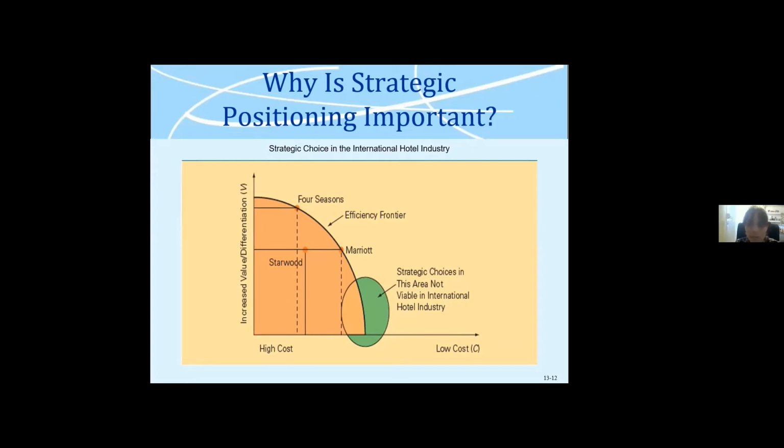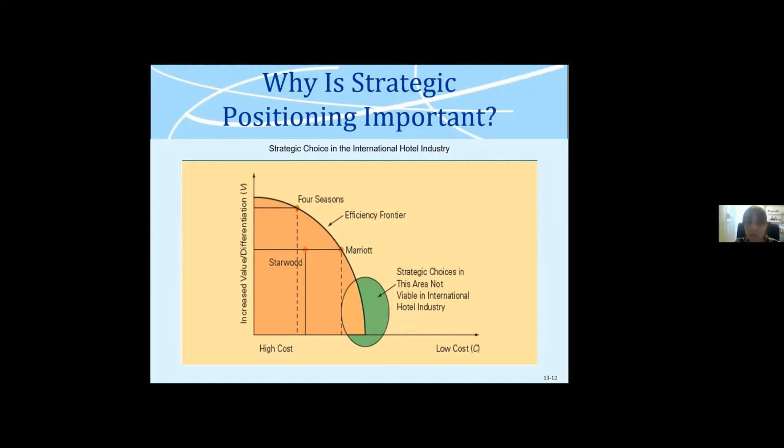Focusing on the figure, it plots three hotel firms, firms that operate in the hotel industry with a global presence that cater to international travel. We have Four Seasons, Marriott International, and Starwood. For example, Four Seasons positions itself as a luxury chain and emphasizes the value of its product offering, which drives up its cost of operation.